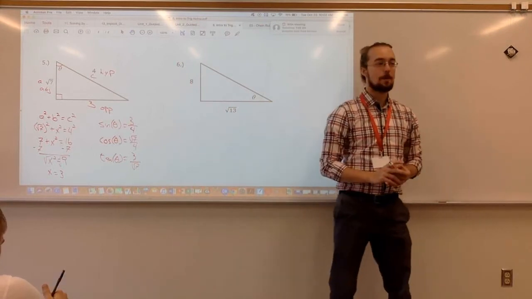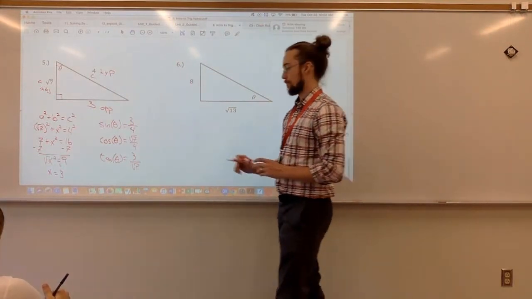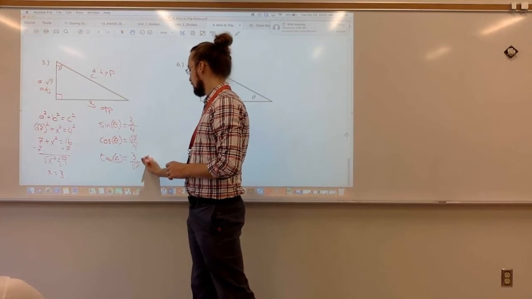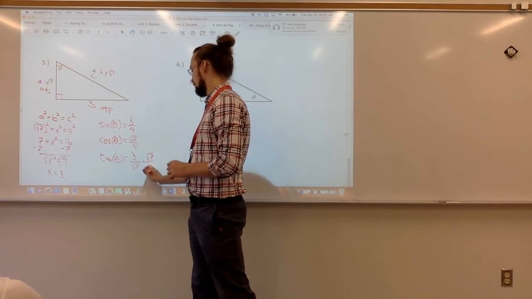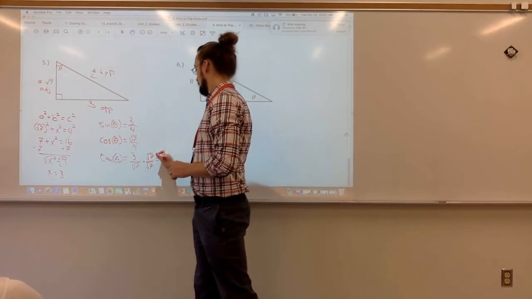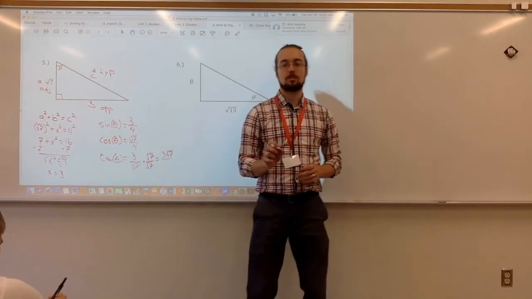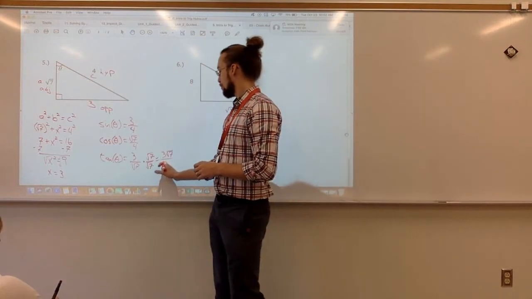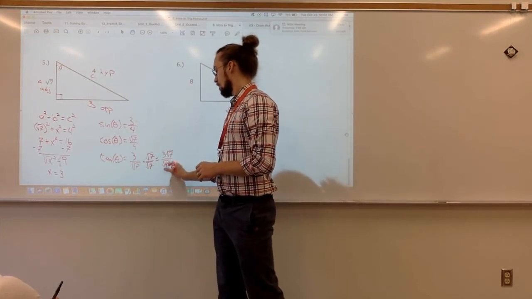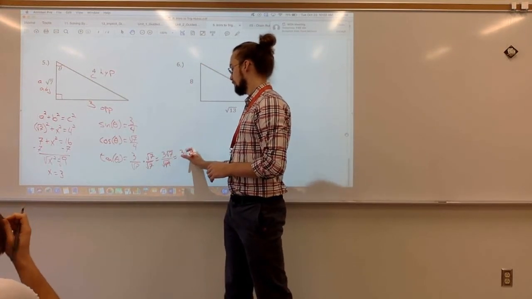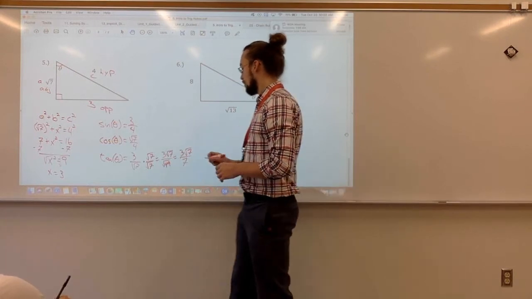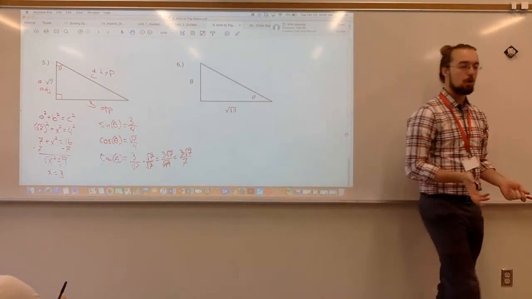What do I need to do? Multiply both the numerator and denominator by the square root of 7. So I'll get 3 times the square root of 7 over the square root of 49. And what's the square root of 49? Just 7. So we get 3 times the square root of 7 over 7.